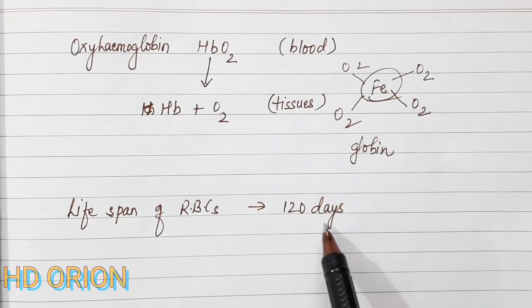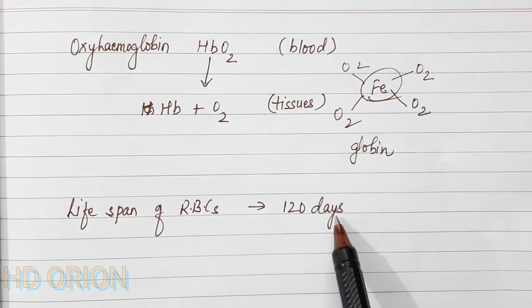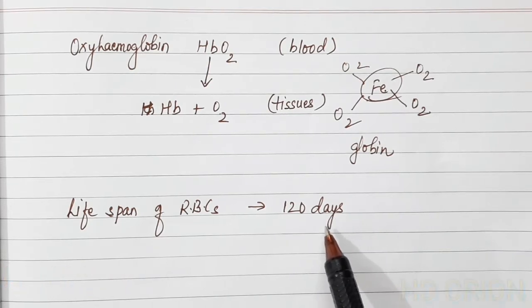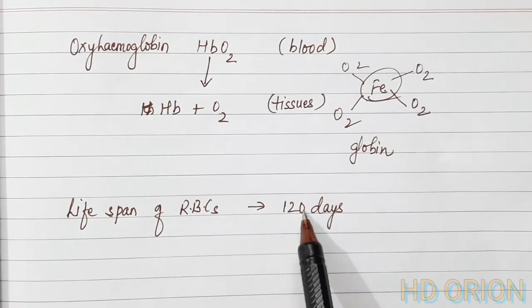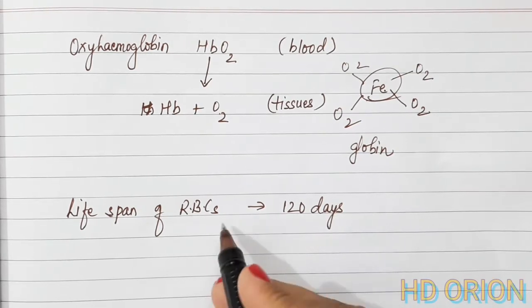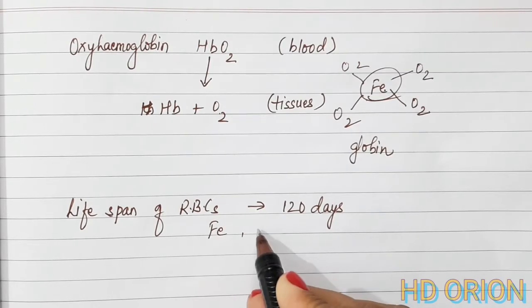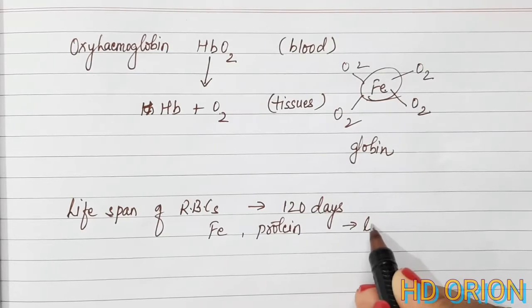The cells lack nucleus, and gradually during movement in the blood capillaries, they get worn out, and after 120 days they usually die, and therefore a new set of RBCs are then added up. However, every second millions of RBCs are added up to the blood. So the lifespan of RBCs is 120 days. What happens to this hemoglobin after 120 days? The iron, as I said, and the protein material, they are stored in the liver for reuse.